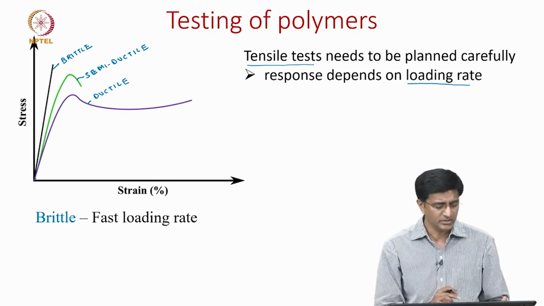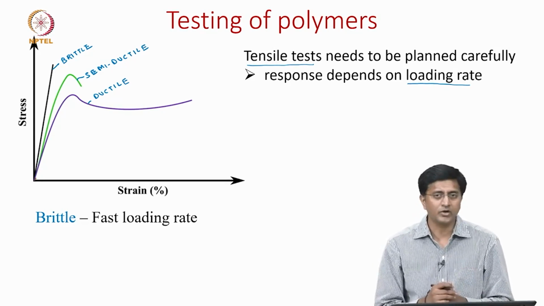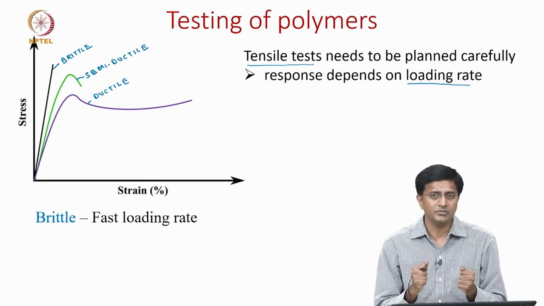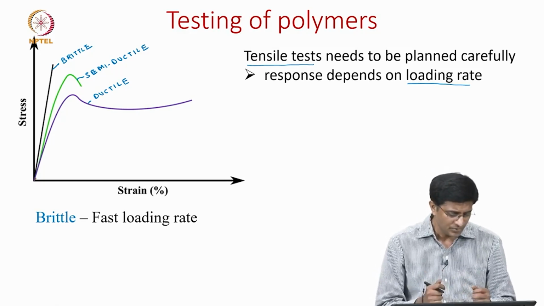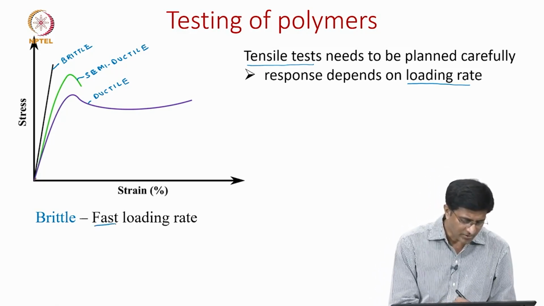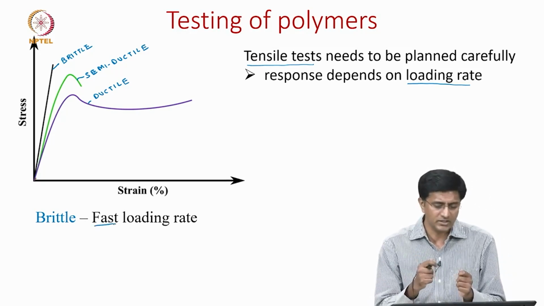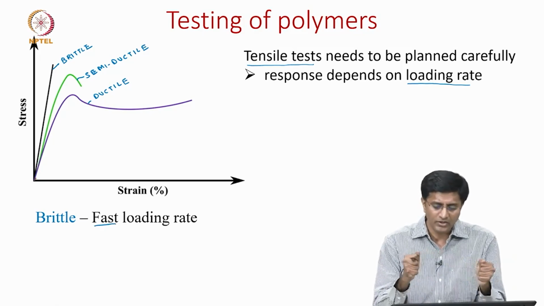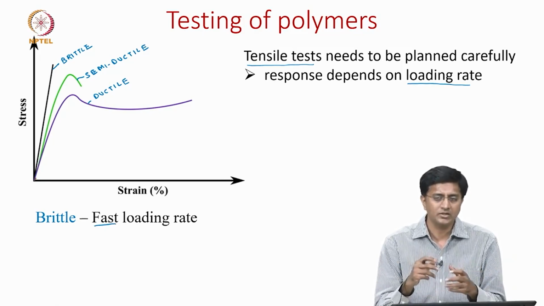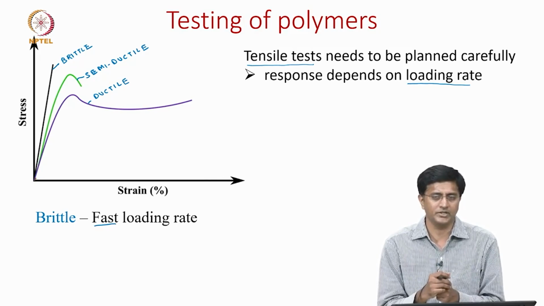So, for brittle materials, let us say we are testing PVC material. When we are testing at fast loading rates, what we see is that when we load, the material fails or responds more like a brittle material.